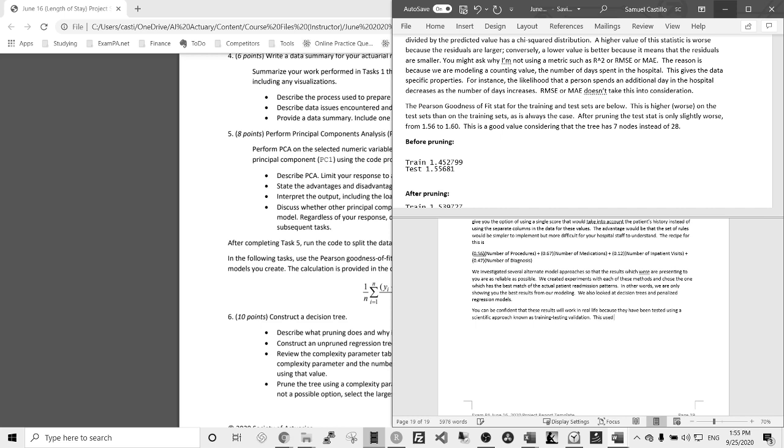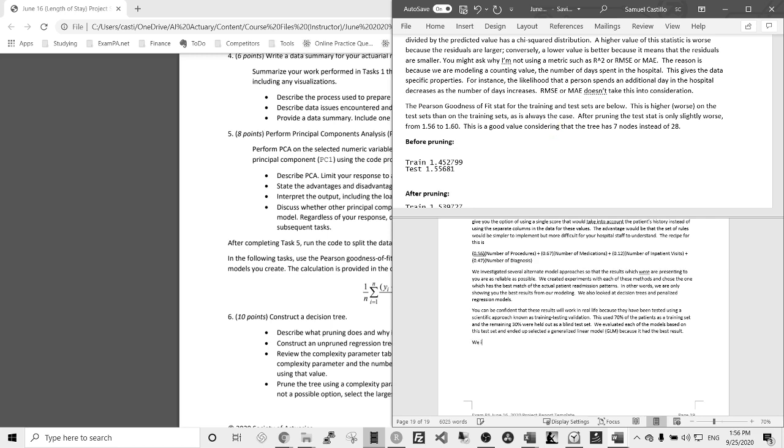This used 70% of the patients as a training set, and the remaining 30% were held out as a blind test set. We evaluated each of the models based on this test set, and ended up selecting a generalized linear model, GLM, because it had the best result.